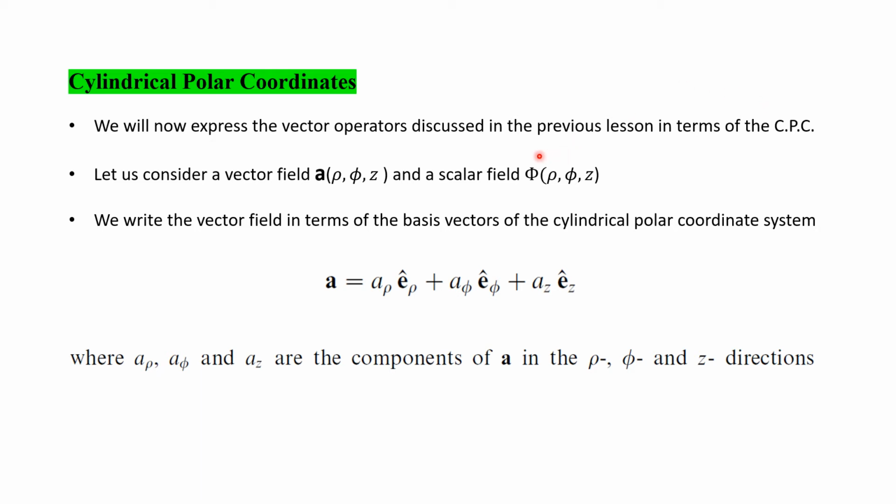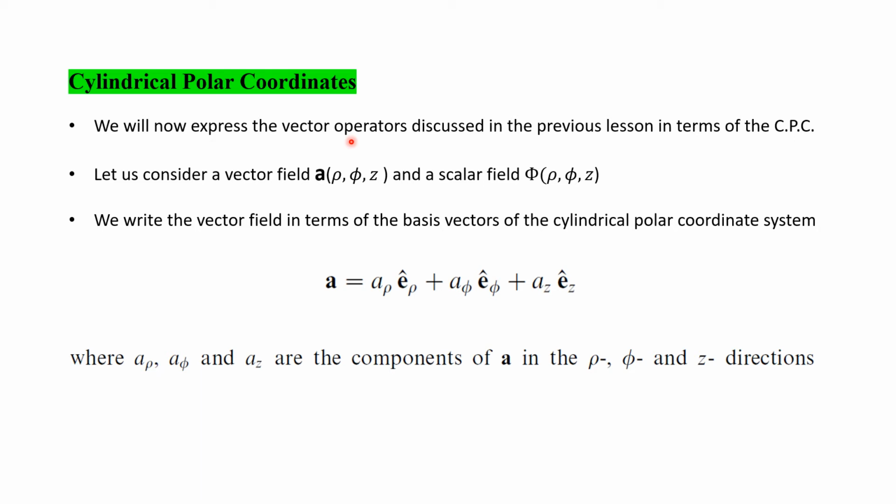Here we use the capital phi for the scalar field to avoid confusion with the azimuthal angle phi. And what we are going to do here is express the vector operators discussed in the previous lesson, your divergence, gradient, curl, and Laplacian, in terms of the cylindrical polar coordinates.